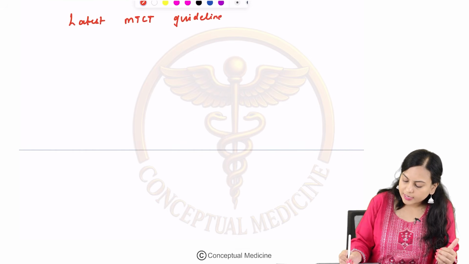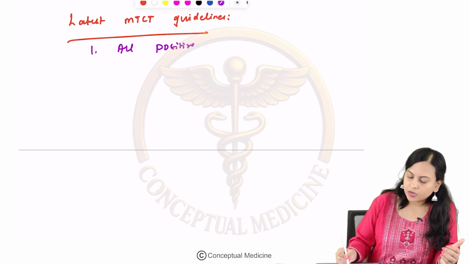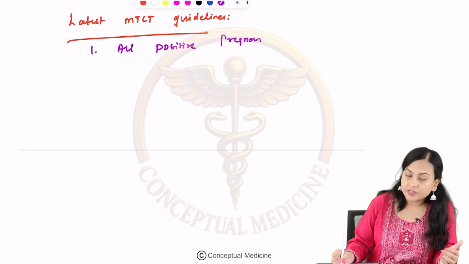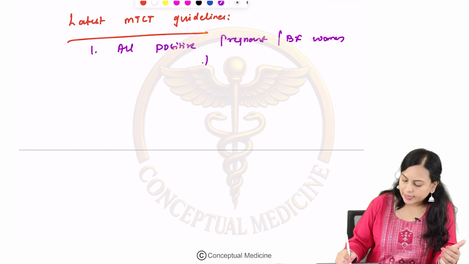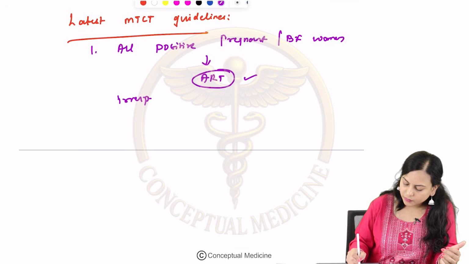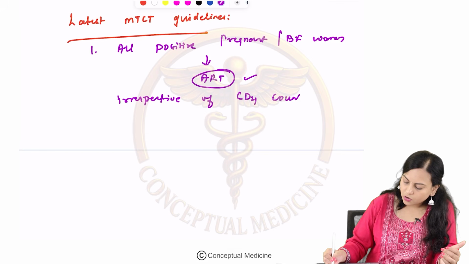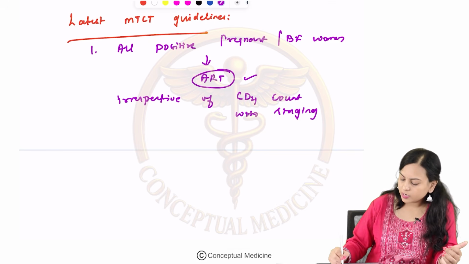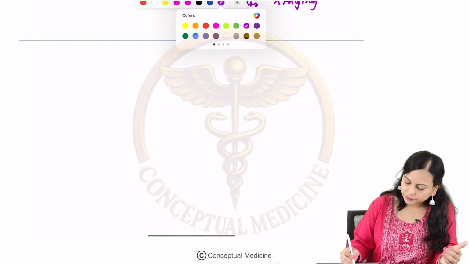The latest MTCT guidelines say that all HIV positive pregnant or breastfeeding women should be started on ART irrespective of the CD4 count or the WHO staging or the period of gestation. Clear?